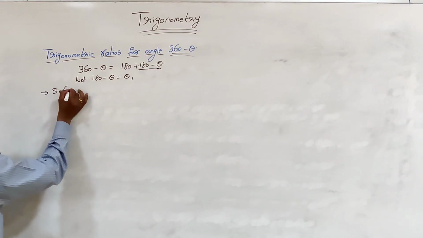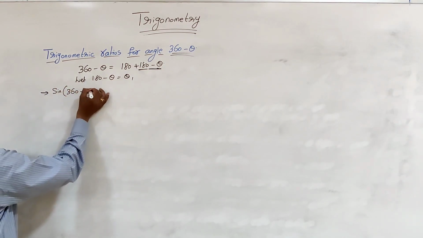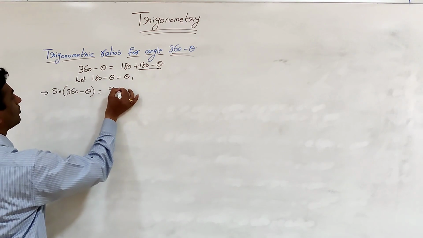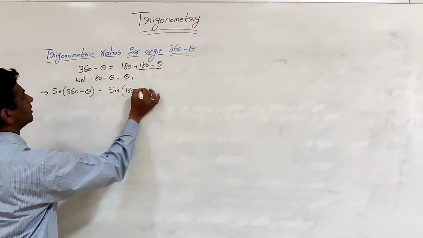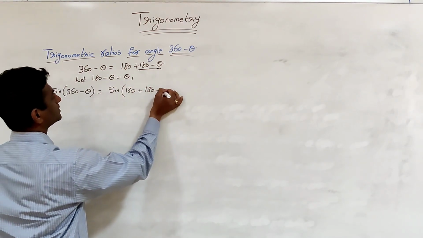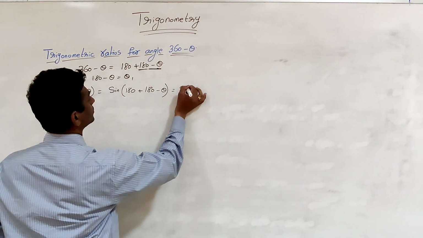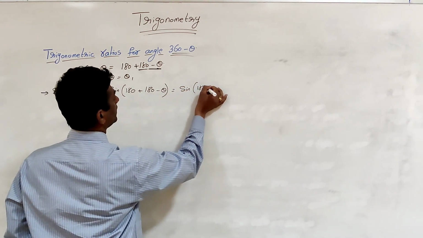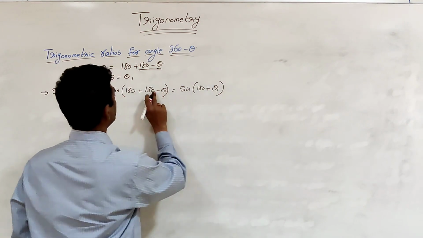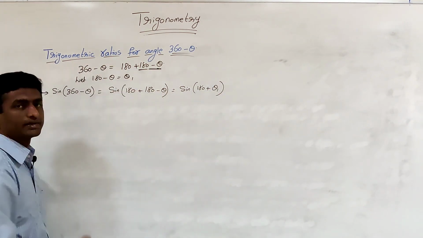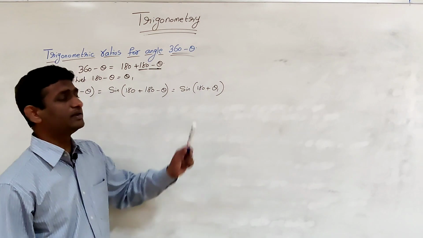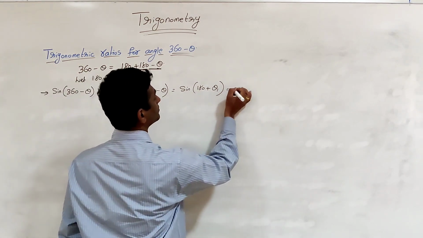So sine of 360 minus theta can be written as sine of 180 plus (180 minus theta), which is sine of 180 plus theta 1, as we have assumed that 180 minus theta is theta 1. Now sine of 180 plus theta 1 gives what?